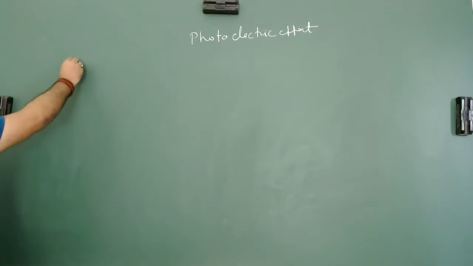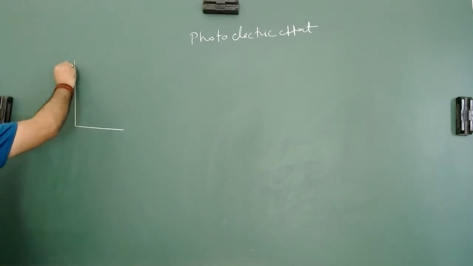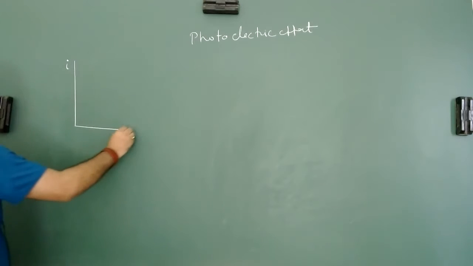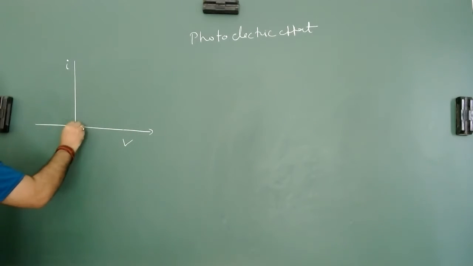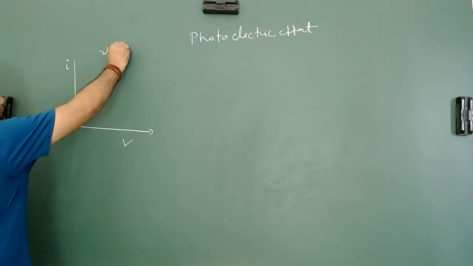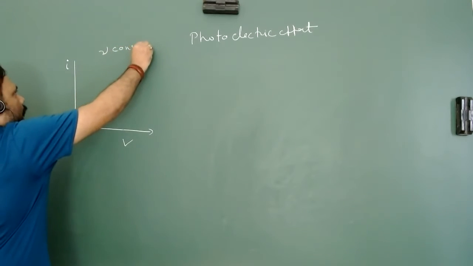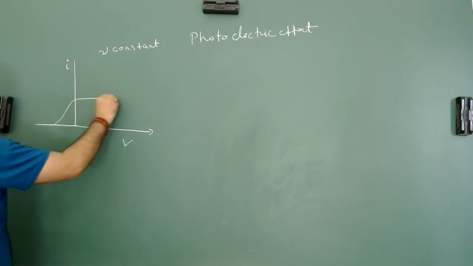The first curve is all about the I-V curve. I is photocurrent, and V is voltage, and the first curve we have plotted for constant nu, and this curve is for different intensities.